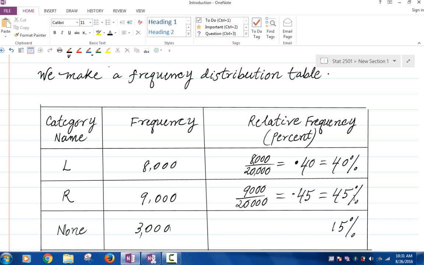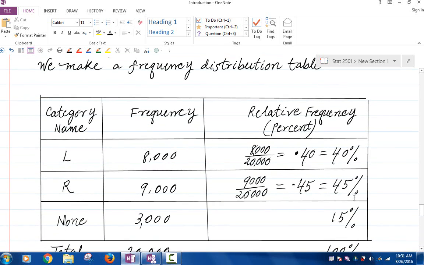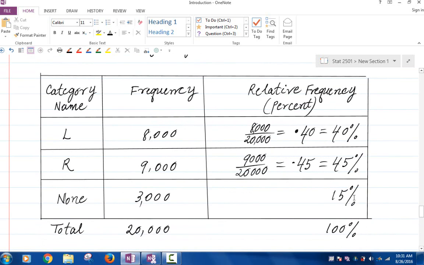Now, what's the relative frequency? Well, what's the total frequency? The total frequency should be the same as the total number of measurements in my sample, the sample size. And the relative frequency, or the percent frequency, is what you get when you divide the count of each category by the total count.